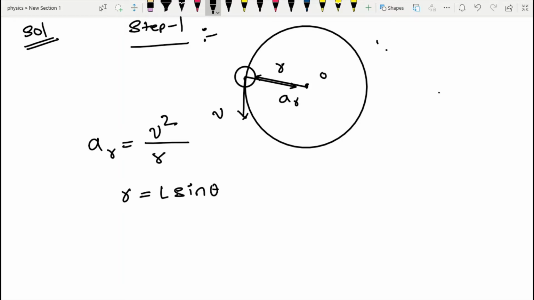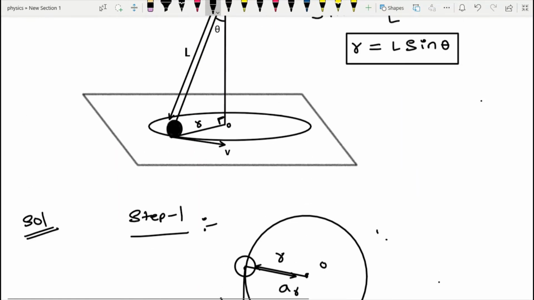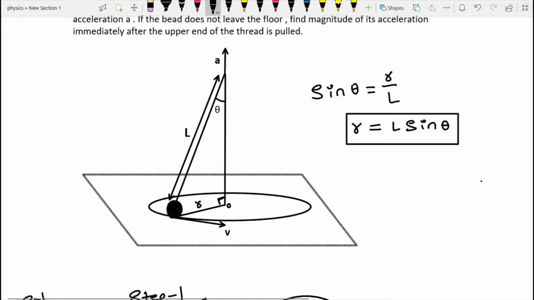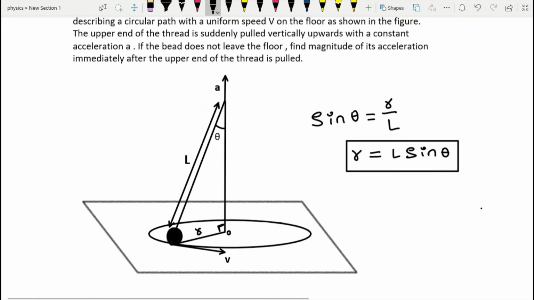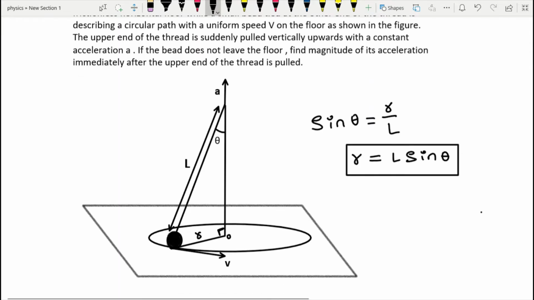So putting the value of r here, we get the radial acceleration as v squared by L sine theta. This is the radial acceleration that we got. So I am taking step 1 by considering the acceleration of the point where the thread is held as 0.